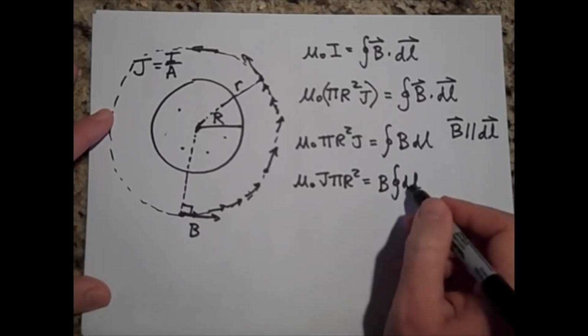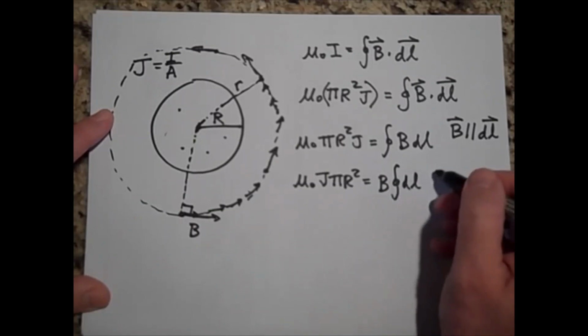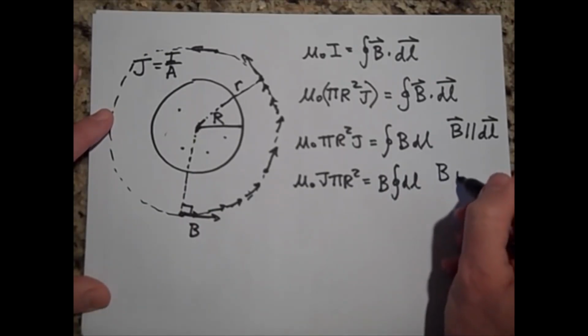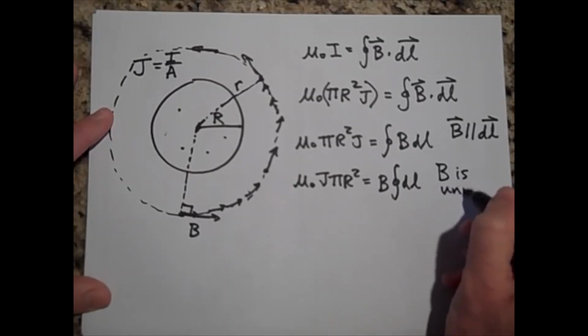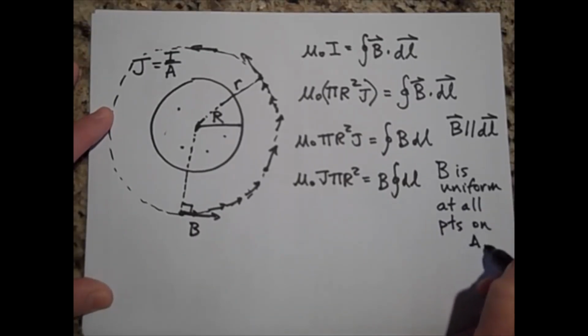This is just now saying add up all the dl's. And I can do that because B is uniform at all points on the Amperian loop.